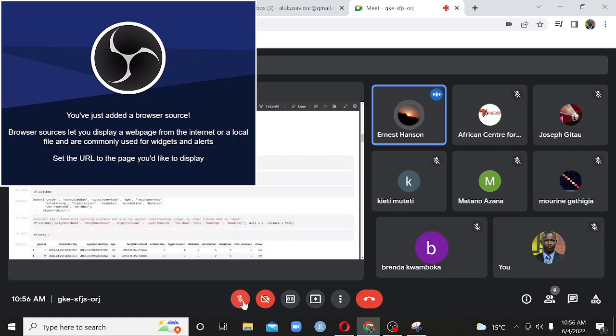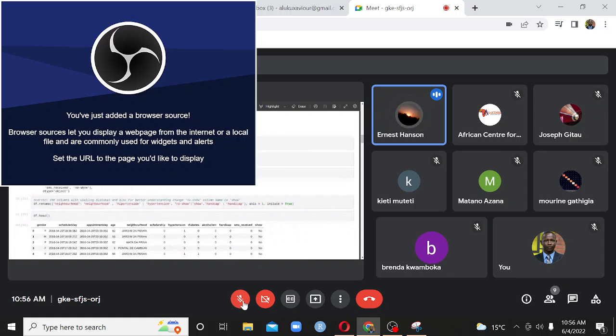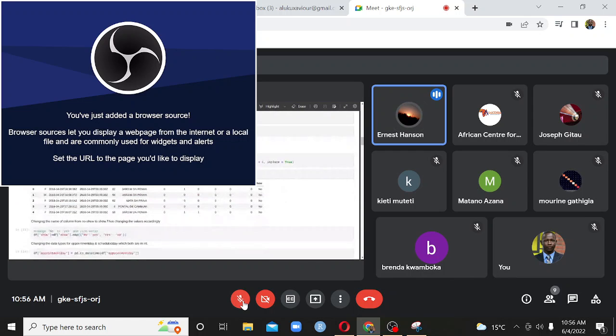Here I dropped the appointment ID and patient ID. I checked on all the data, it was okay, and I was moving forward to see the type of data we had and the number of patients.